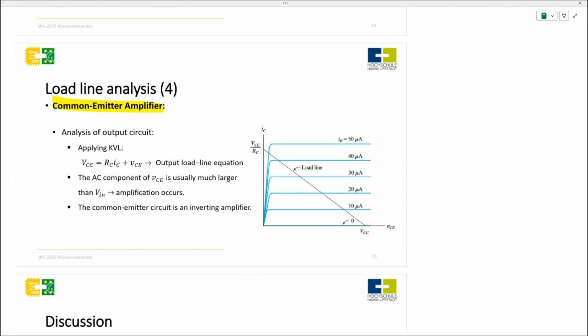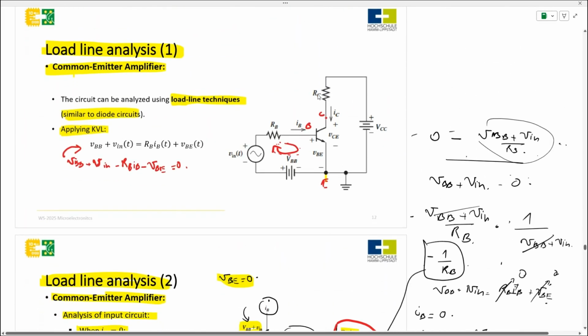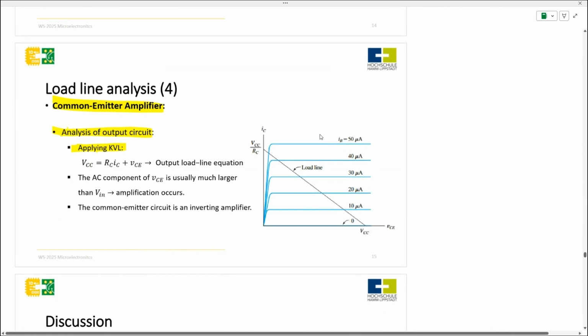Now we will be talking about the output circuit. Let's do the analysis of the output circuit. We will apply Kirchhoff's voltage law as much as we did so far. If we want, we can go back to our circuit. Here we have RC, IC, VCC, and VCE. So we have only 3 mains, and they are written as follows.